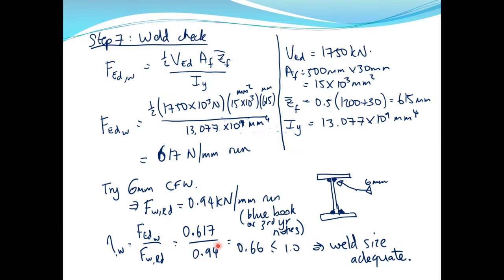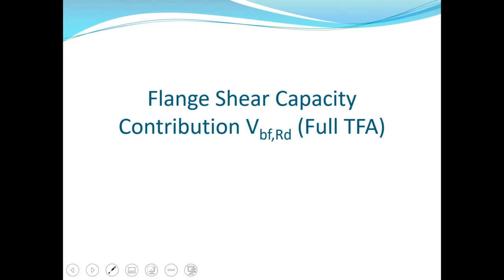And we make sure the demand divided by the capacity is less than or equal to 1. So from the first equation, the update that you would need to do is change the demand from 1750 up to 2100 to work out this new value for the demand, and the updated demand divided by capacity has to be less than or equal to 1.